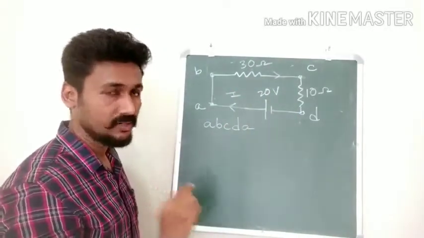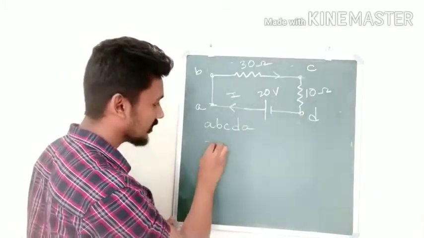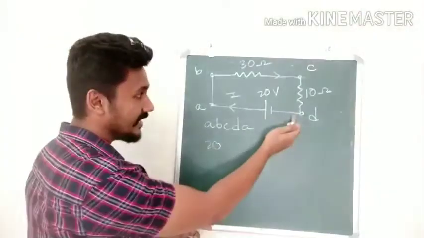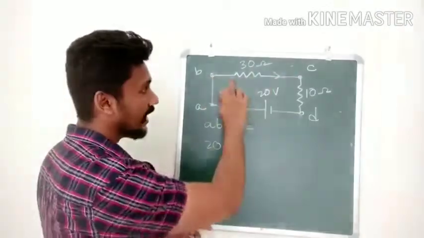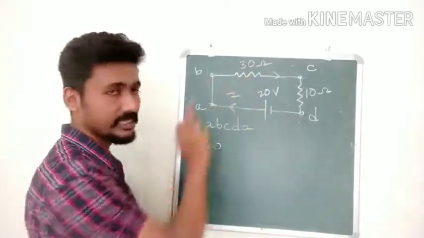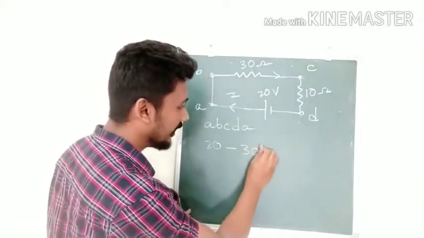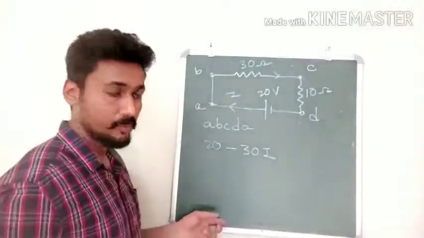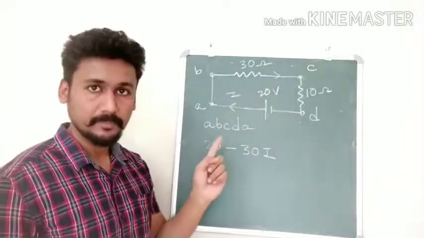So now let us put the values. From D to A, change in potential we will write as 20, because there is an increase in the potential. Then from B to C, how much is the change in potential? Change in potential is given by I into resistance, but we will write it as minus 30I. We have put the minus sign because there is a drop in the potential.